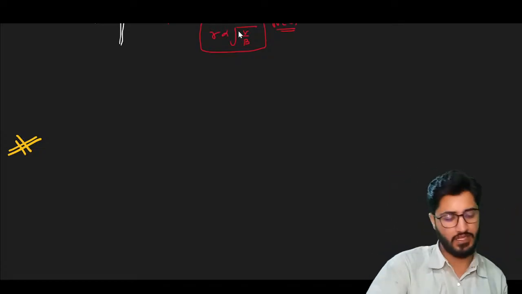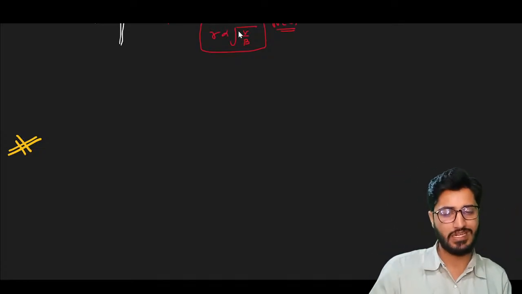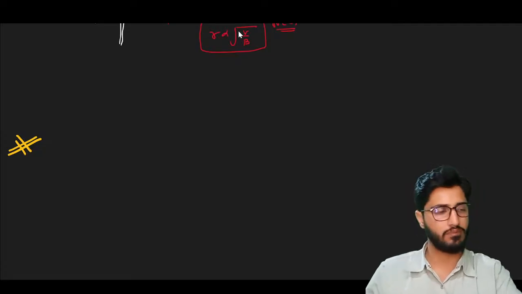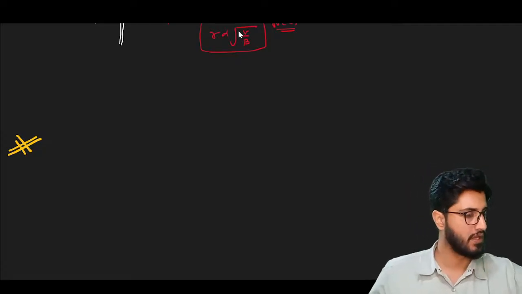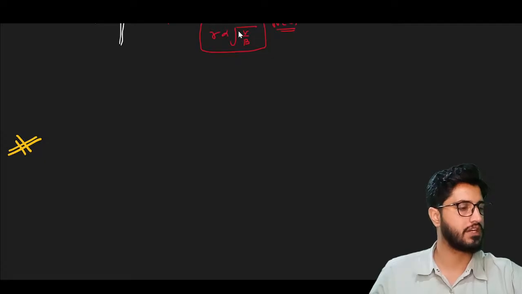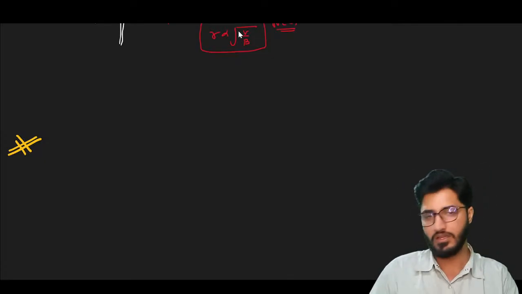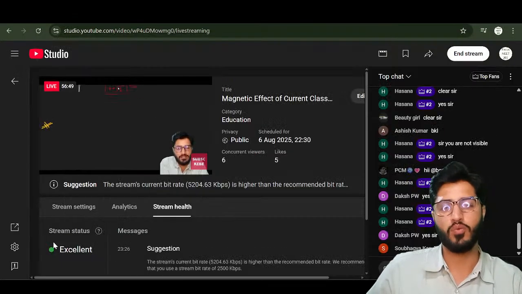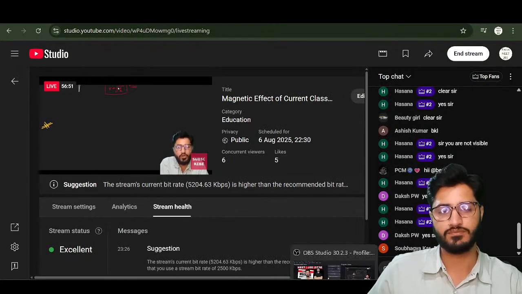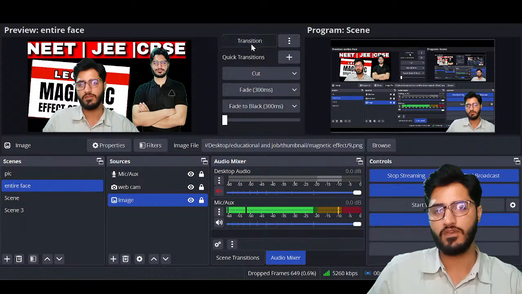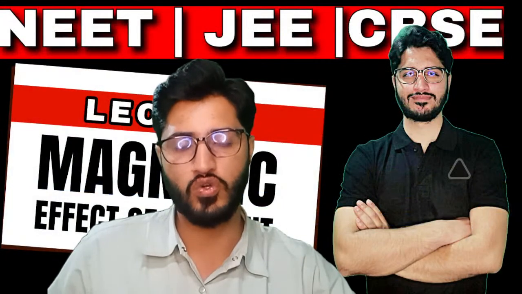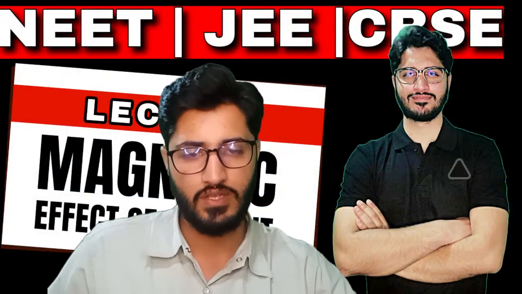If you have any confusion or want to ask me anything, you're most welcome. You can just ping me a message and we will have a great discussion. Don't worry about anything. I hope you enjoyed this session.